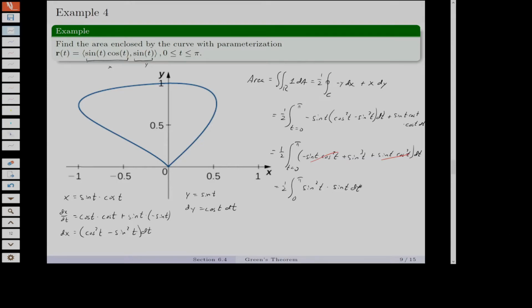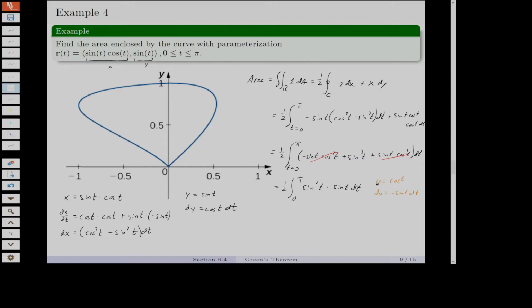So I'm going to save that sine of t dt to be part of my du. If I want my derivative of u to have a sine in it, then the u should be cosine t. So then du is negative sine t dt.